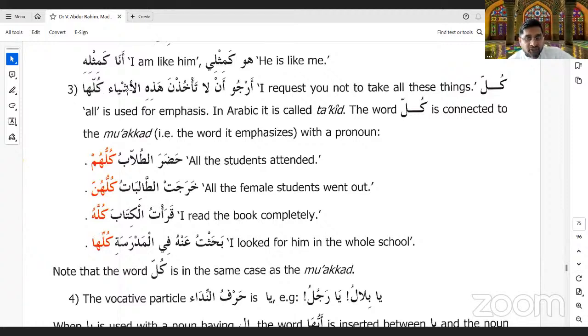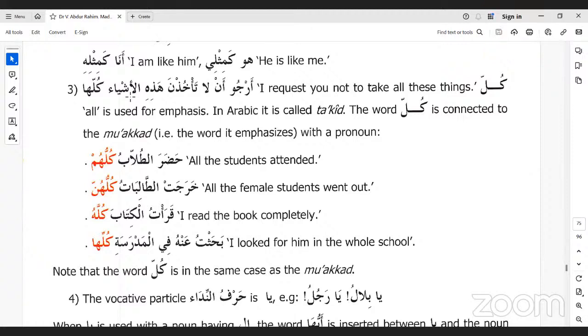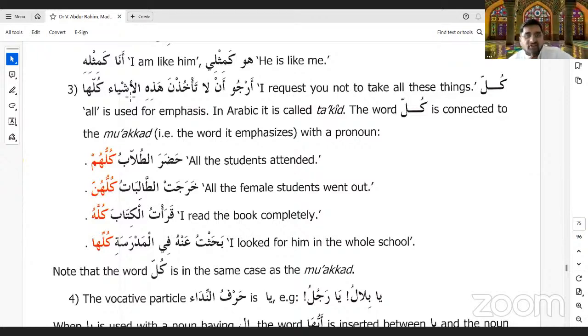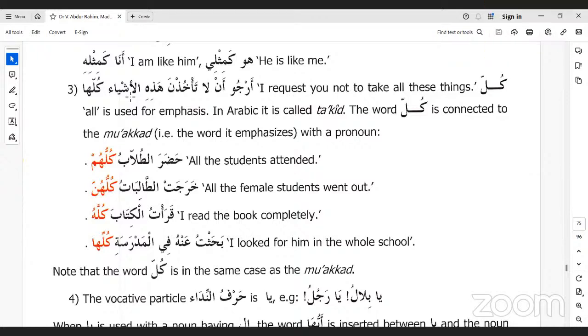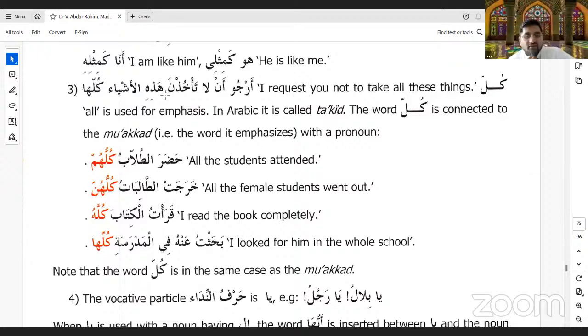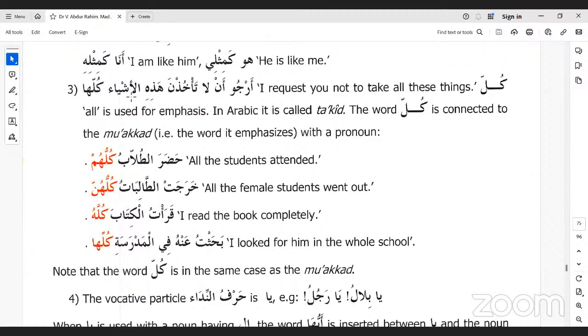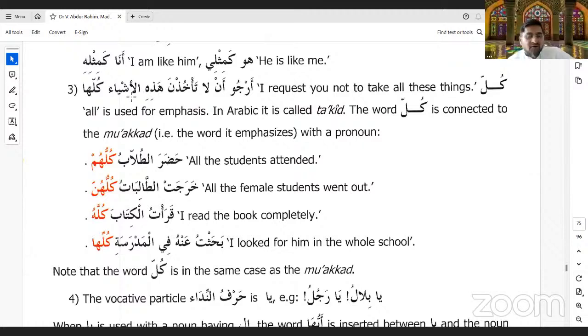Ha is referring to ashya, because it's a plural and feminine. Yes, all plurals of non-living things are treated as singular feminine. That's the reason why it's kullaha. Can you see this word hadihi is singular feminine? Because shay'un is singular, ashya'un is treated as singular feminine when it comes to using hadihi.